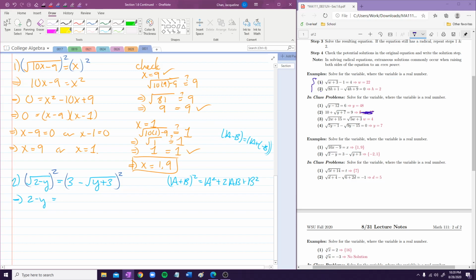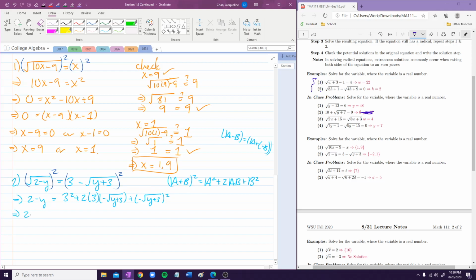Just make sure with the minus you keep the sign. So this is going to be 3 squared plus 2 times 3 times negative square root of y plus 3, plus negative the square root of y plus 3 quantity squared.